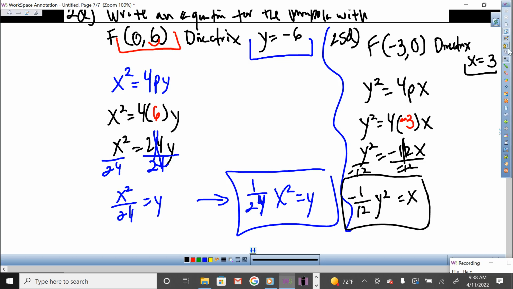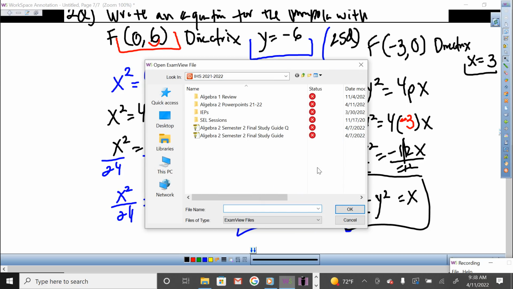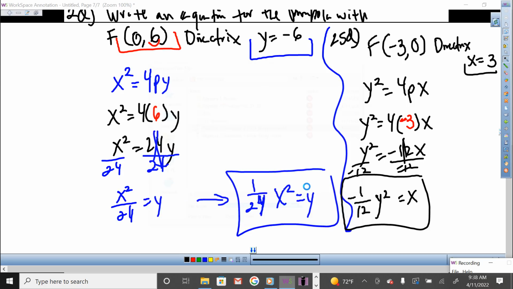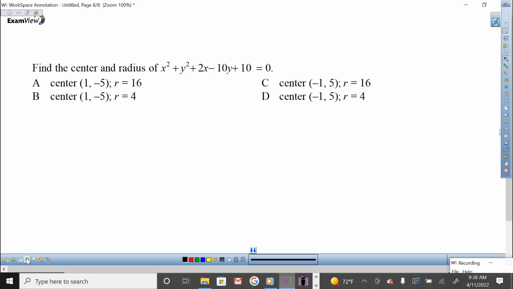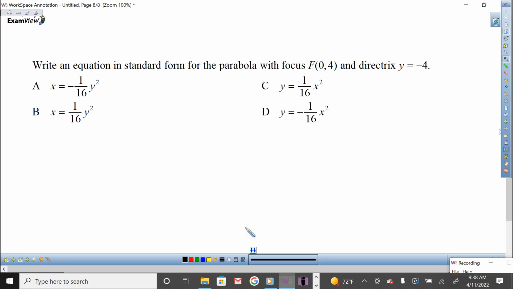So let's go to the study guide and see what that looks like. Let's go to problem number 3. Look at this one. It says, write an equation in standard form for the parabola with focus 0, 4, and directrix y equals -4.